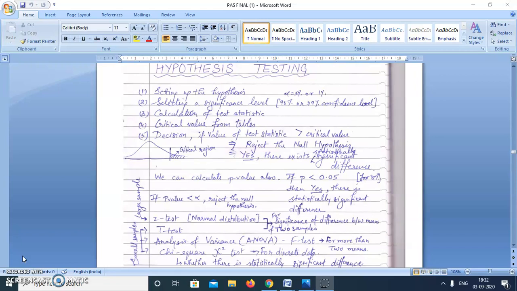If there is a difference, the answer will come yes, and if there is no difference, statistically the answer will come no. So the first step is setting up the hypothesis, basically the null hypothesis, assuming there is no difference between the means.